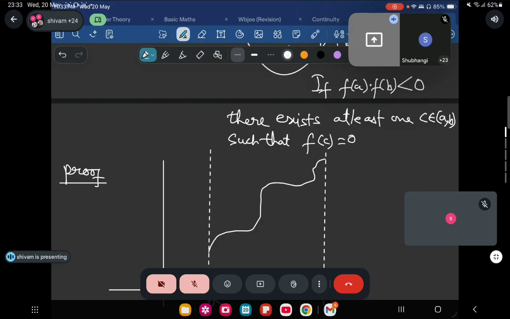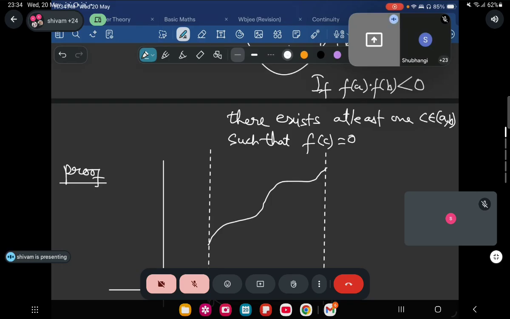This is a function. If you understand this intermediate value theorem, later on you'll be able to understand Rolle's theorem also, Lagrange's mean value theorem. Pay attention, everyone. This is the first mean value theorem we are doing.